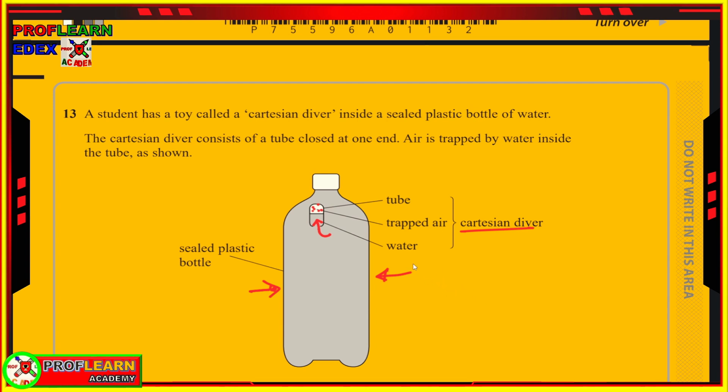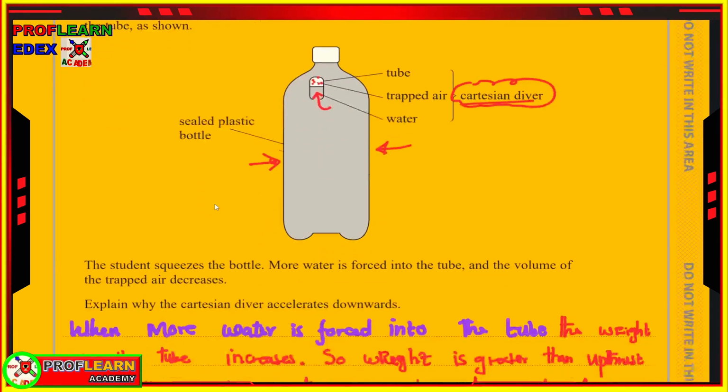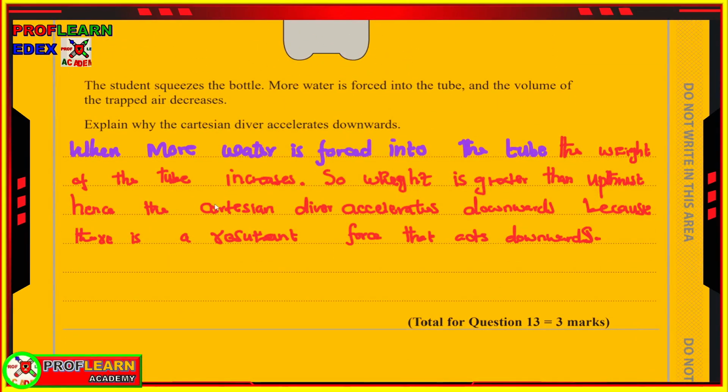So when weight is greater than the upthrust, this Cartesian diver is going to sink because the resultant force will be acting downward. So explaining why the diver accelerates downward: when more water is forced into the tube, the weight of the tube increases. So the weight is greater than the upthrust. Hence, the Cartesian diver accelerates downward because there is a resultant force that acts downwards.